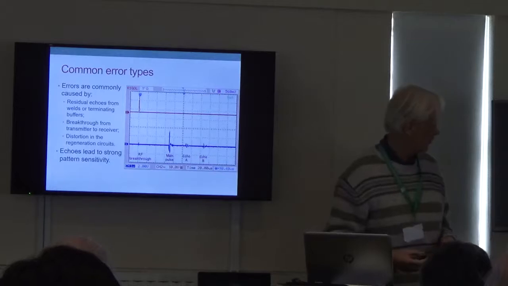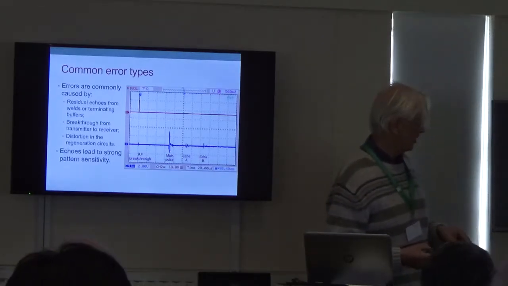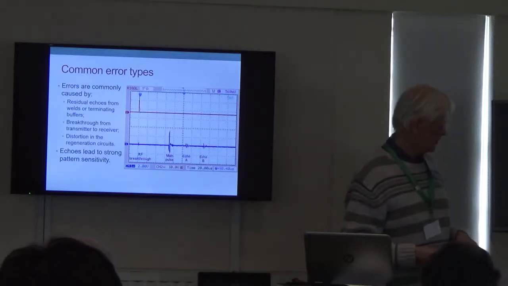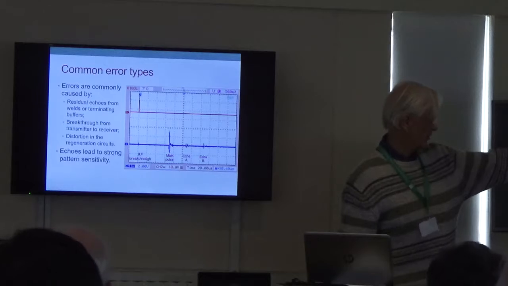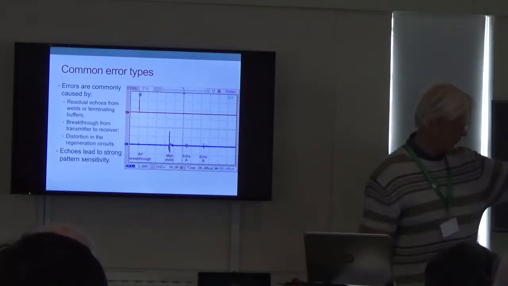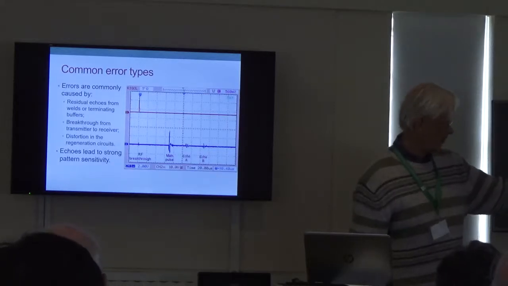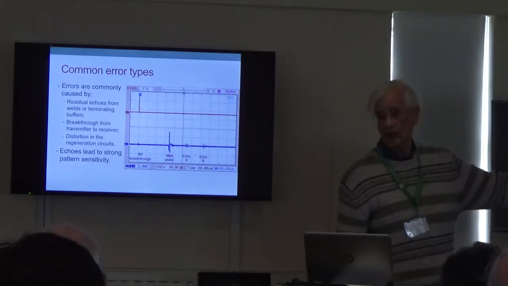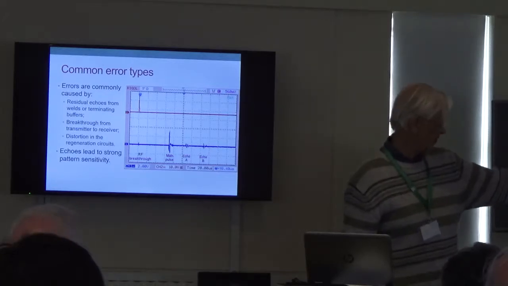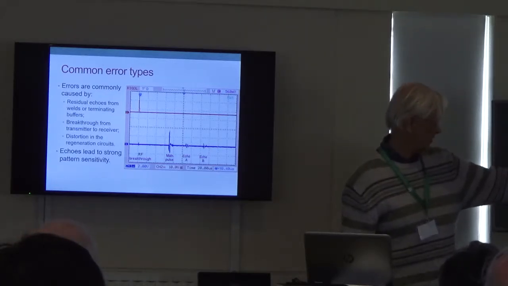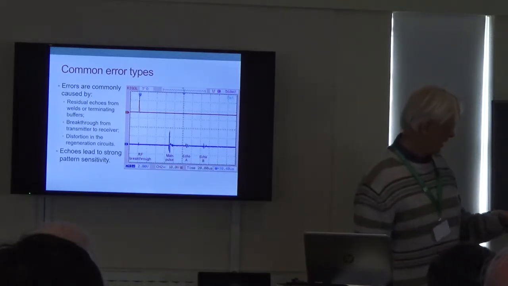In commissioning these tools, you get a number of different common error causes. So in this picture, we have a data pulse that's submitted. That's the main pulse coming out. You get some RF breakthrough. One of our major challenges has been reducing that enough that it doesn't trigger immediate copying from input to output.